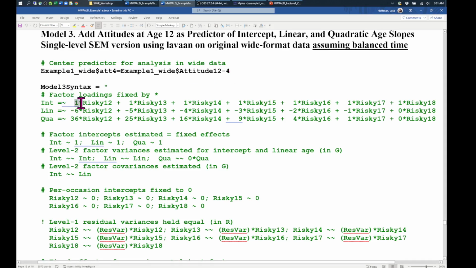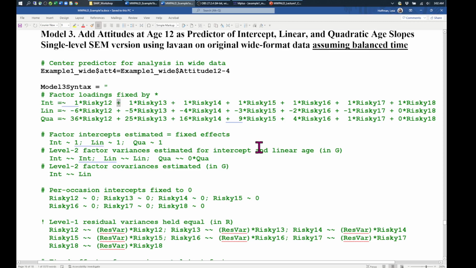So I have a 1 as my factor loadings for the first row here, so I'm defining my intercept. So the name of the latent variable goes here, equal, and then I call it squiggle, but I think tilde is the proper term. Equal squiggle means by as factor loadings. And we put pluses in between even though they're not really added together.